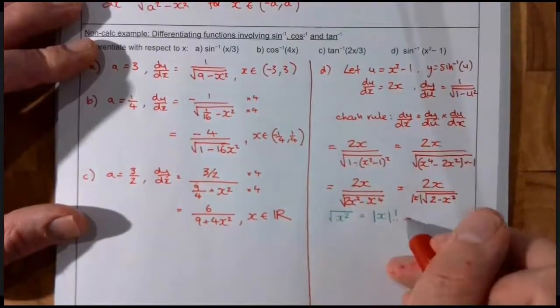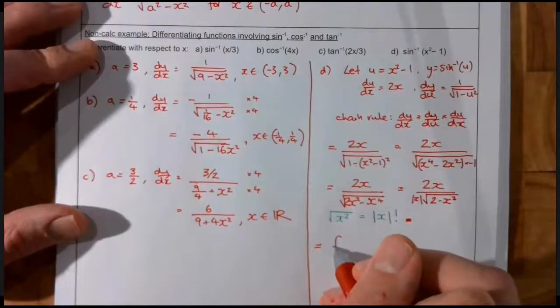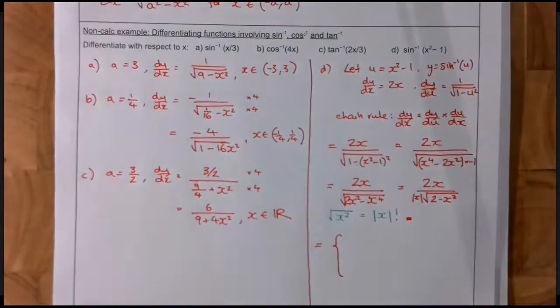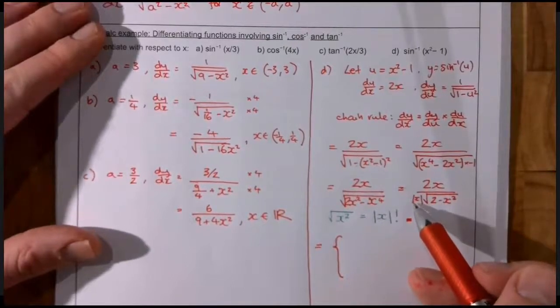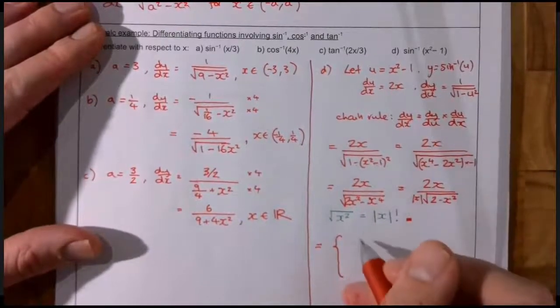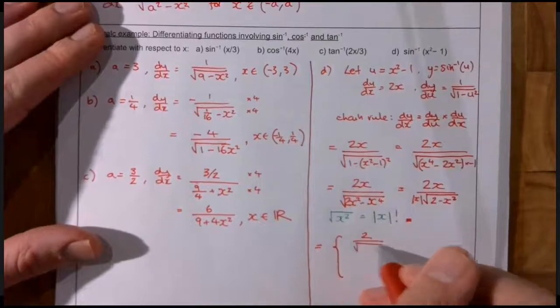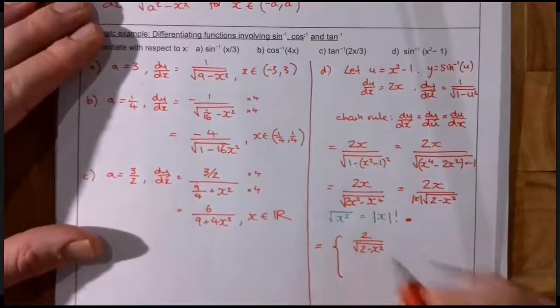So let me write that down here where this is clear. That means if x is positive, then this modulus of x is just x, meaning it can cancel with the x above, and we have 2 over root 2 minus x squared.